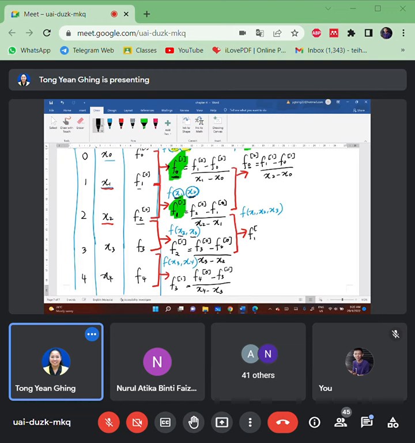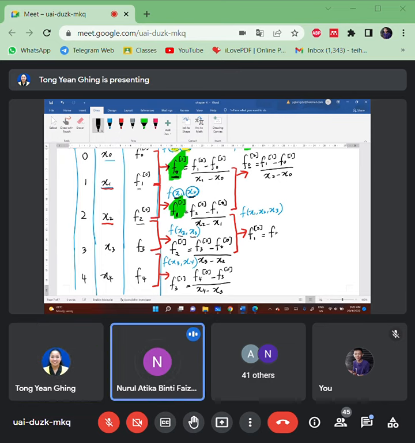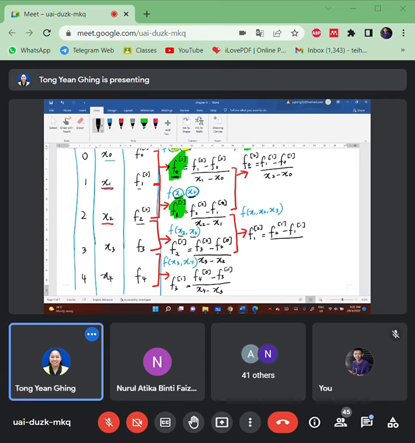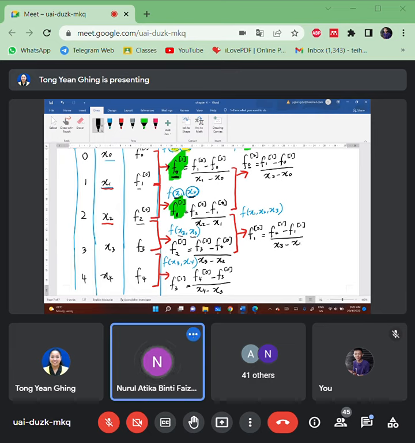Then the second divided difference is equal to what? F2 minus F1, divided by 3 minus X2. No, it has to be X1.